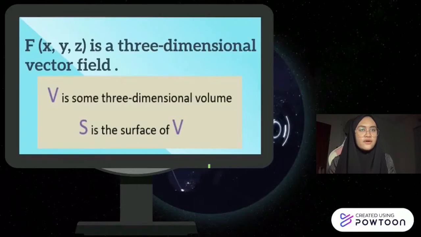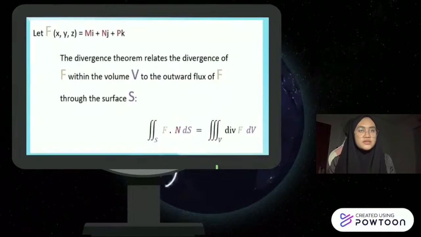F is a function of x, y, z, a three-dimensional vector field. V is some three-dimensional volume, and S is the surface of the volume. So, let F, the function of x, y, z, equal Mi plus Nj plus Pk.